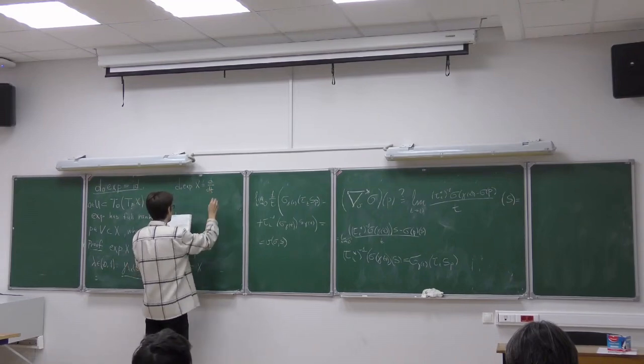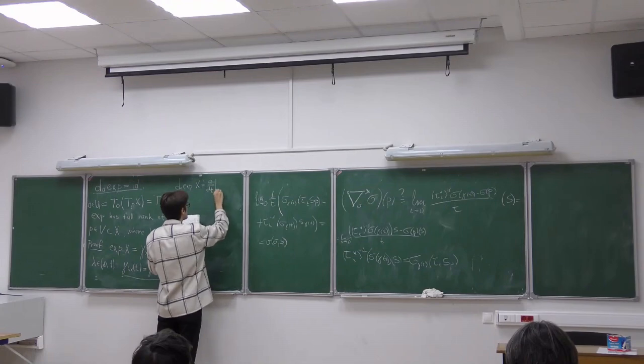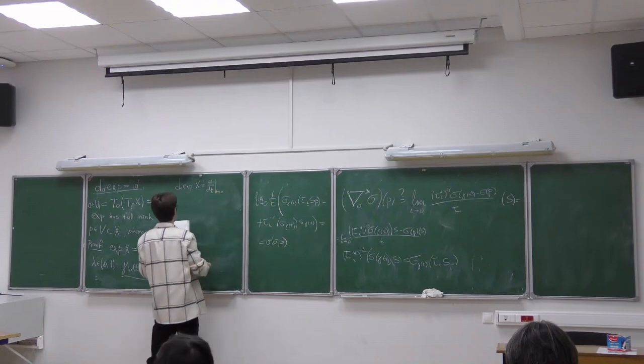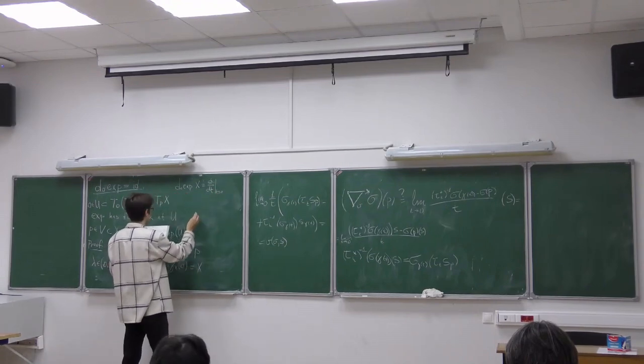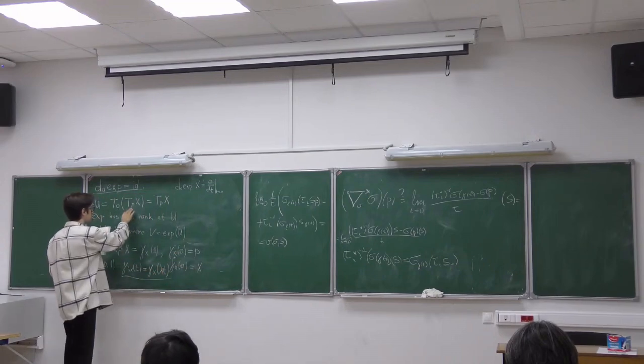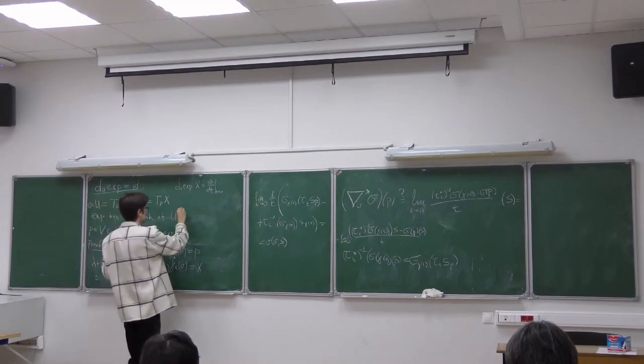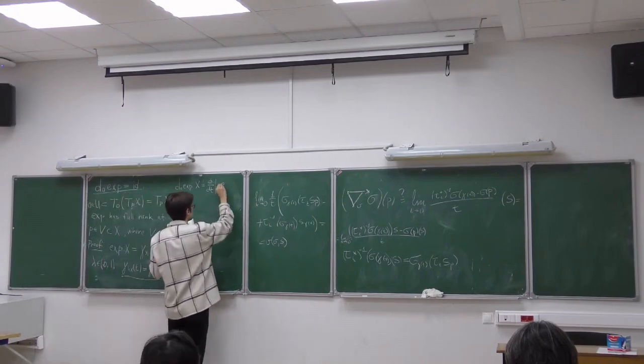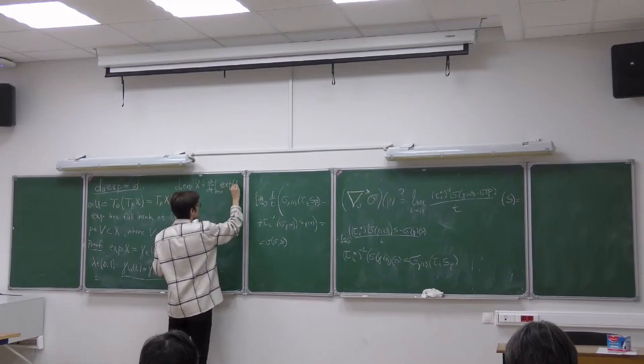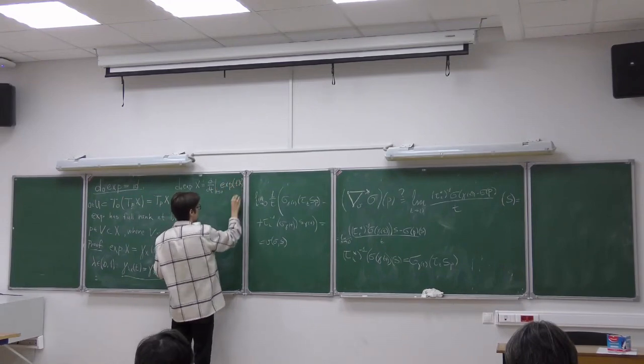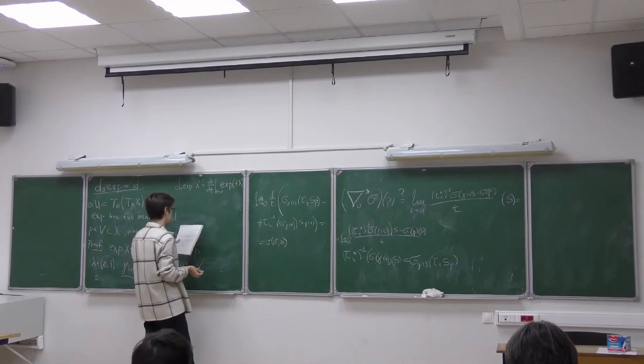We need to differentiate at t equals 0 along some path in T_pM, just t times x.